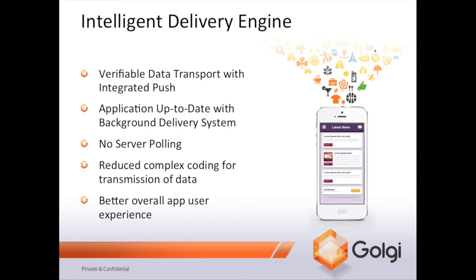The second portion is our intelligent delivery engine. This is our cloud-based infrastructure which orchestrates all of the interactions between the mobile devices and your server-side backend. This is key to the power of Golgi, as it is optimized to manage the challenging IP environment that mobile devices find themselves in.